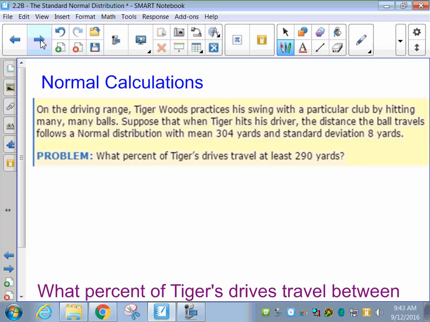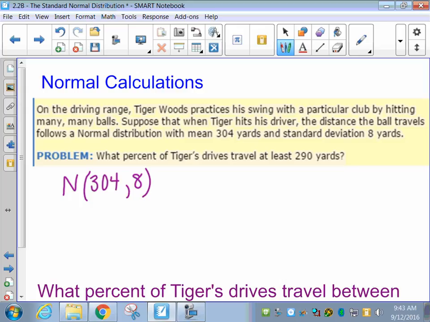Suppose that when Tiger hits his driver, the distance the ball travels follows the normal distribution with a mean of 304 yards and a standard deviation of 8. So as soon as you see that, you can write this down, normal distribution with a mean of 304 and a standard deviation of 8. So what percent of Tiger's drives travel at least 290 yards?